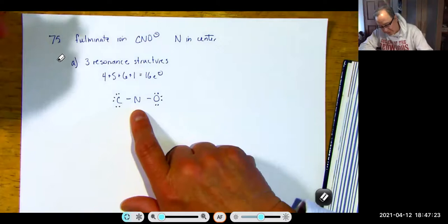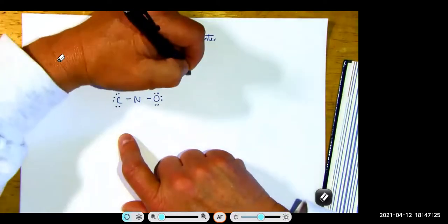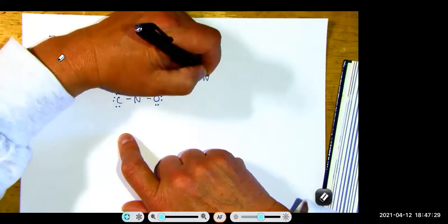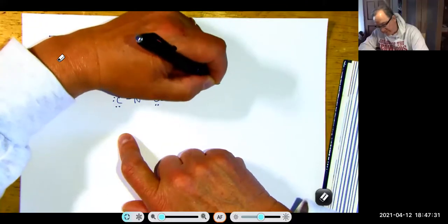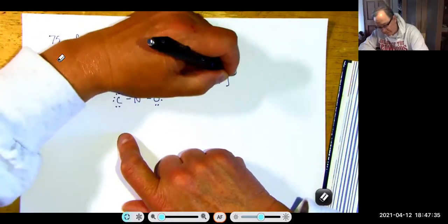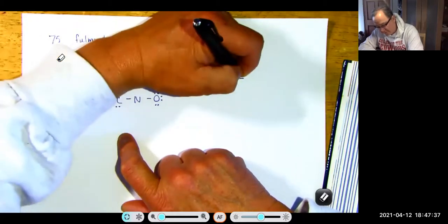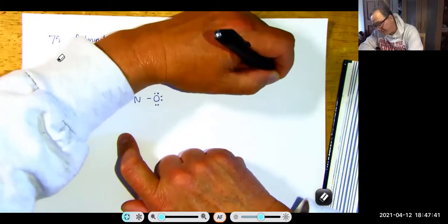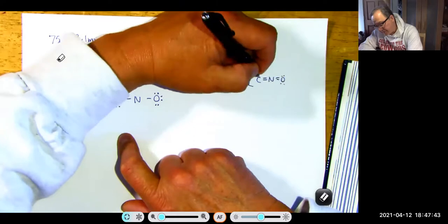And there are 3 ways of doing it: a single and a triple, 2 doubles, and a triple and a single. So there's 1. There's 2.